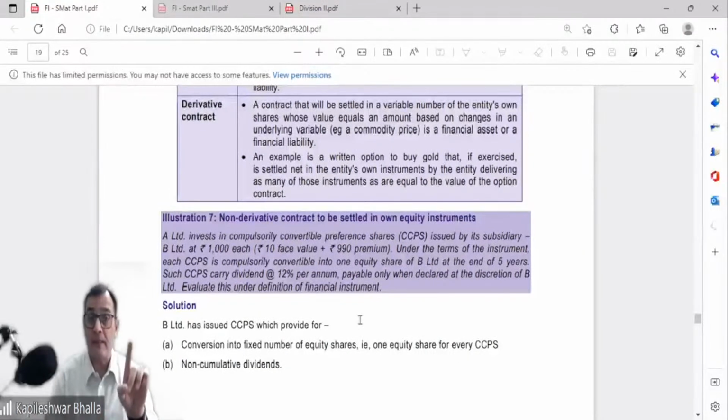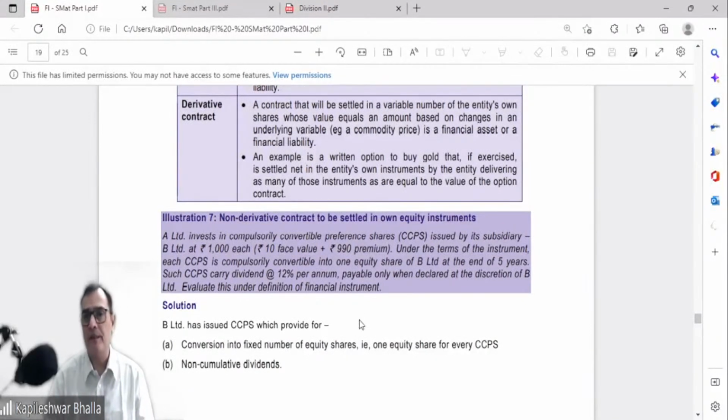Mind it, each preference share is convertible into one equity share, 1:1, a fixed number of equity shares. And then it says such CCPS carries a dividend of 12% payable only when it is declared at the discretion of B. The dividend is discretionary. And as far as the conversion is concerned, it is in a fixed number of shares.